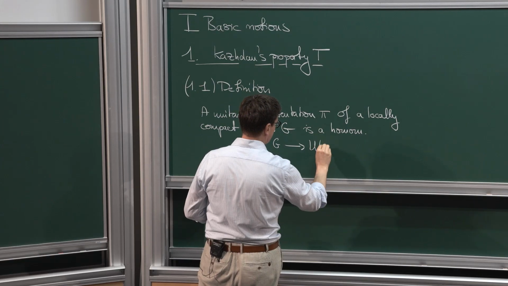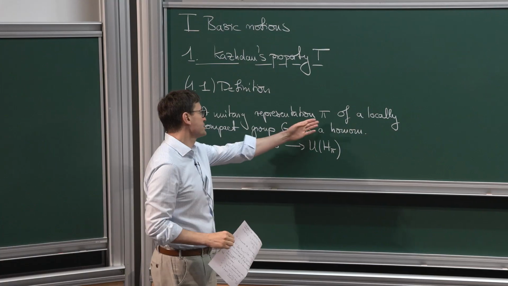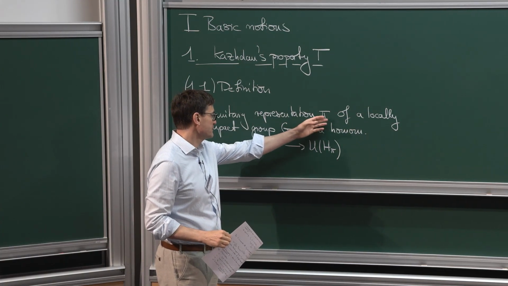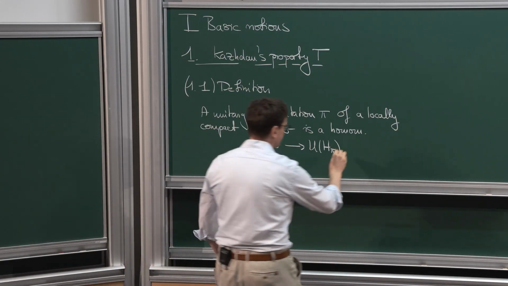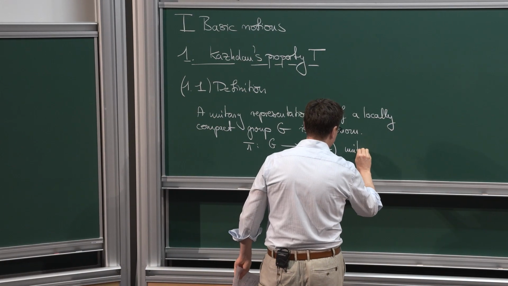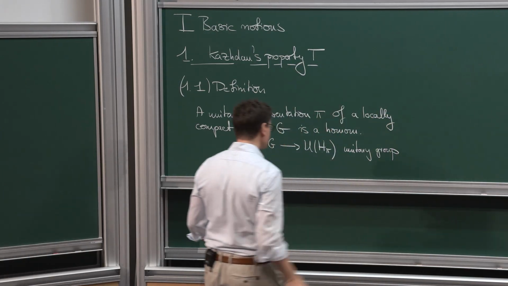Let's denote the representation usually by pi or rho or sigma, and then the underlying Hilbert space H_pi, and these are the unitary group of this Hilbert space.